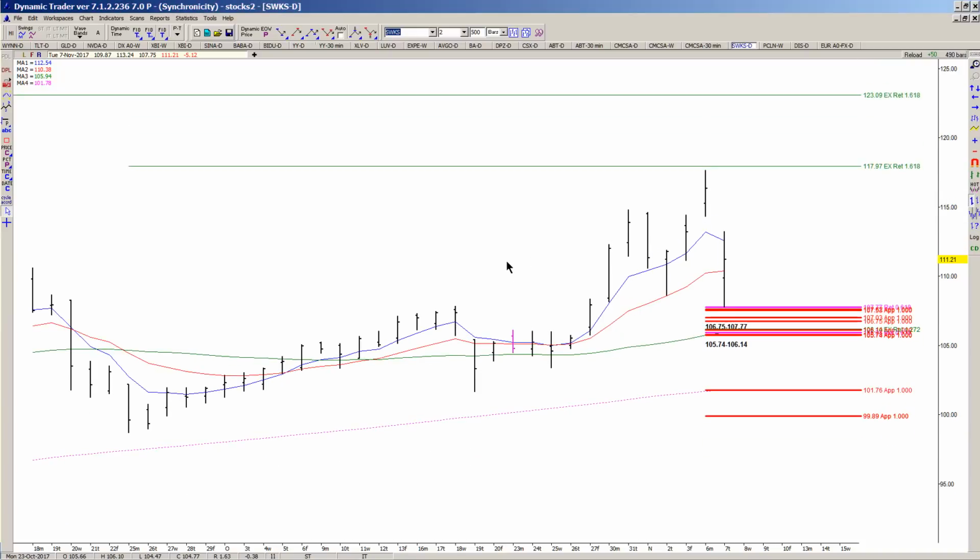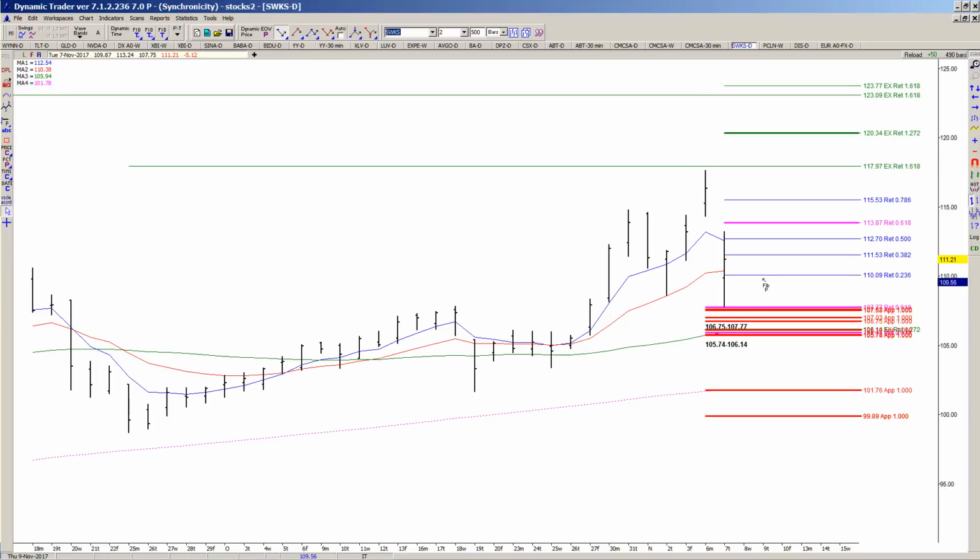Bottom line, we did see a nice rally so far. Whether or not it's going to continue is another story, but let's say that it does. And if it does, what I typically look for is going to be the 1.272 extension of the swing into the zone, which means it has potential to this 120 area.